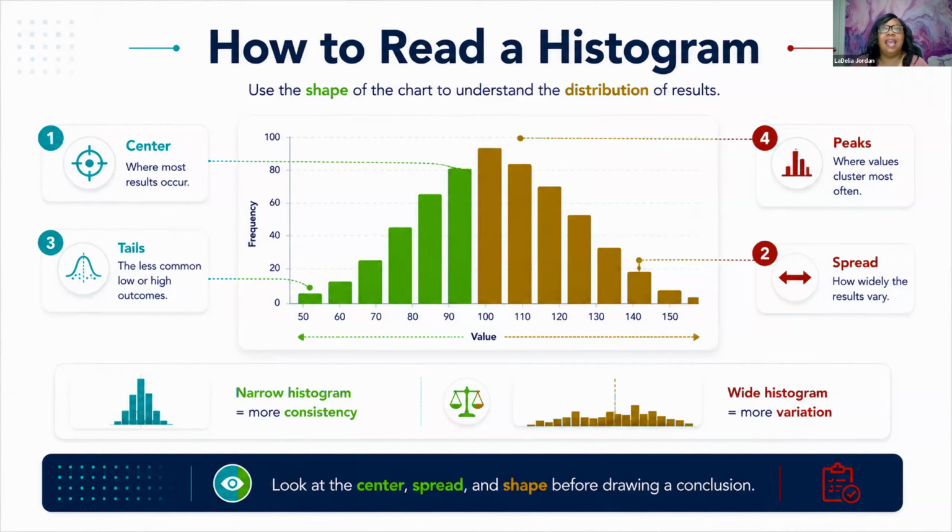And now look at the shape. The distribution may appear fairly balanced, or it may extend further on one side. Finally, examine the tails. The tails represent the less common low and high outcomes. The histogram and the summary statistics should support the same general interpretation.